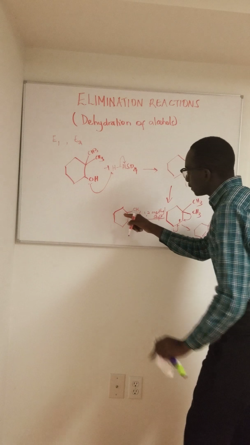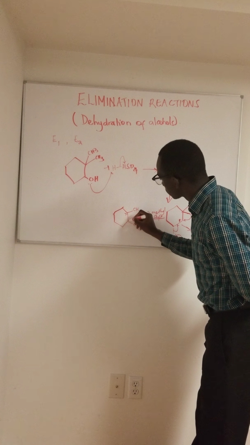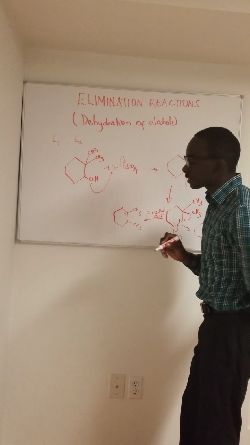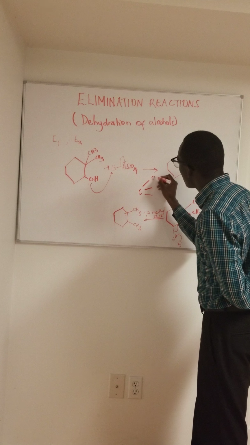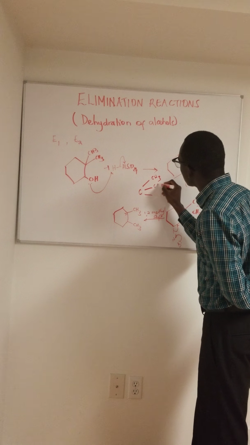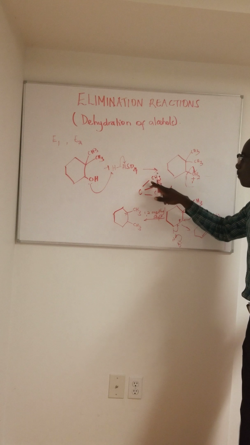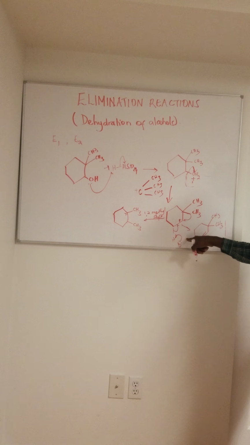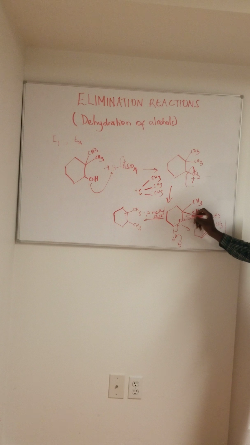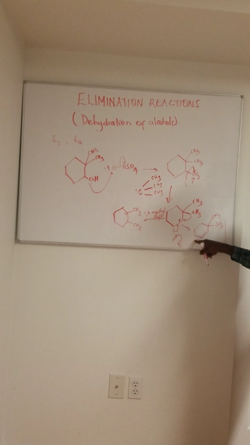Now you see that this carbocation has 3 carbon atoms surrounding it, so it is more stable because it has 3 methyl groups surrounding it, whereas in the first one, this carbocation has only 2. So this is more stable than this.